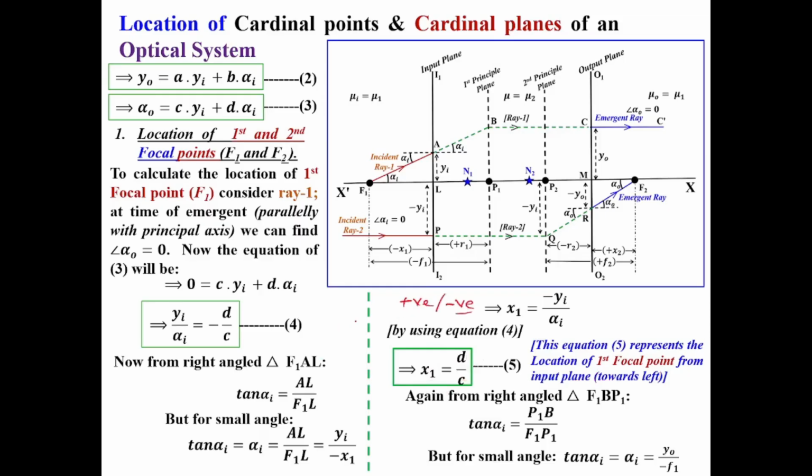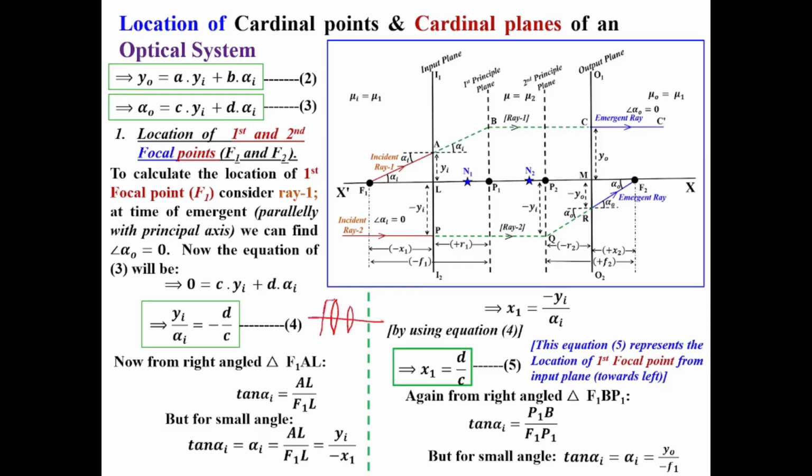What I want to say, here we discussed in general way of an optical system, cardinal points of an optical system in general way. Practically, if we are going to consider this case, two thin lenses separated by a distance, combination of two thin lenses, what we are going to discuss in our next forthcoming class.